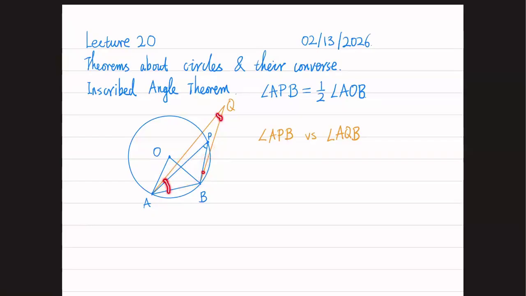They add up to 180, but these two are smaller, so this one must be bigger. So the observation: if the point is outside of the circle, then this angle will be smaller than the inscribed angle.